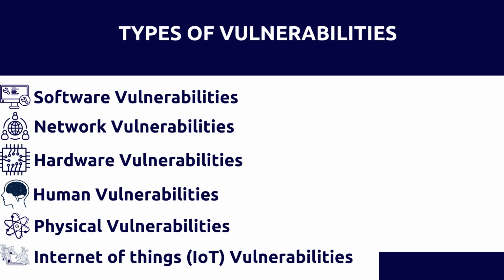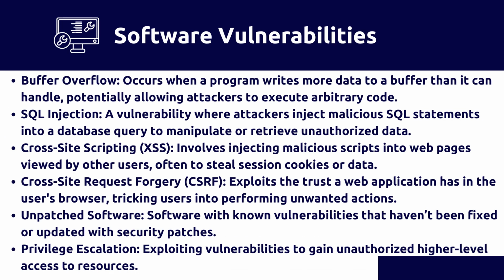What then are software vulnerabilities? These are weaknesses or flaws in software code that attackers can exploit to compromise a system or data. What are examples of software vulnerability? We have the buffer overflow, which occurs when a program writes more data to a buffer than it can handle, potentially allowing attackers to execute arbitrary code. Next, we have the SQL injection.